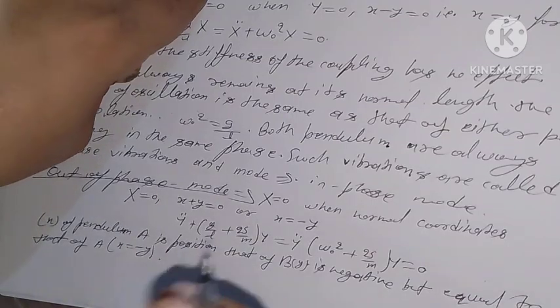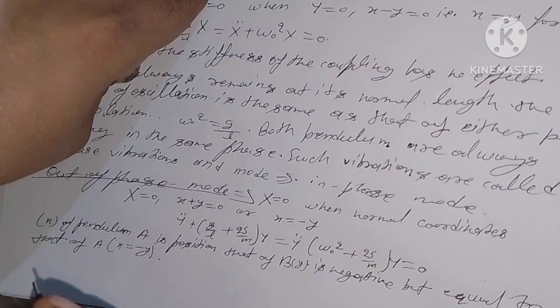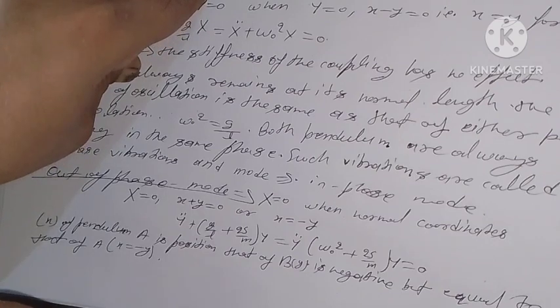At zero displacement, the two pendulums will be moving in opposite directions. Thus, the periodic motion of the two pendulums will be 180 degrees out of phase.